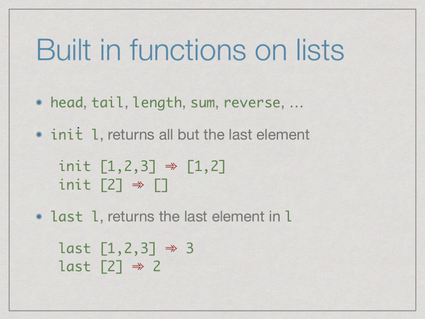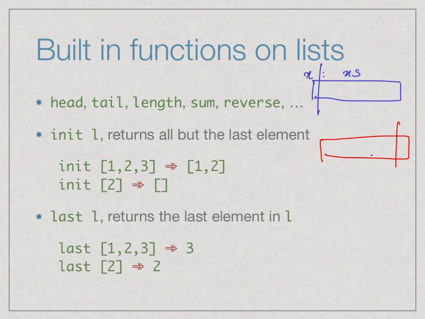Now, the opposite of head and tail is to decompose the other way. So remember that head and tail knock off the first element according to the colon and the remaining thing. Now, it may be that you want to knock off the last element. So this is called the initial segment and this is called the last value. So there is a function init which returns everything except the last element.